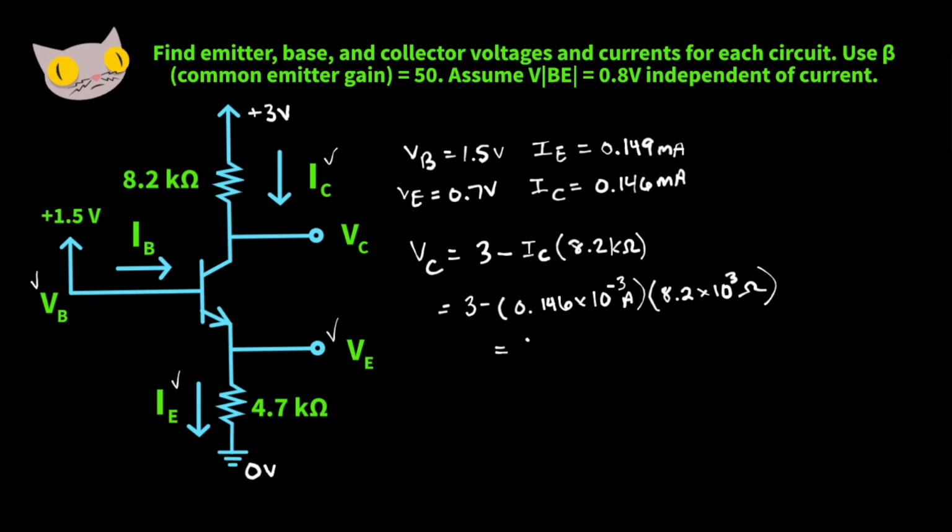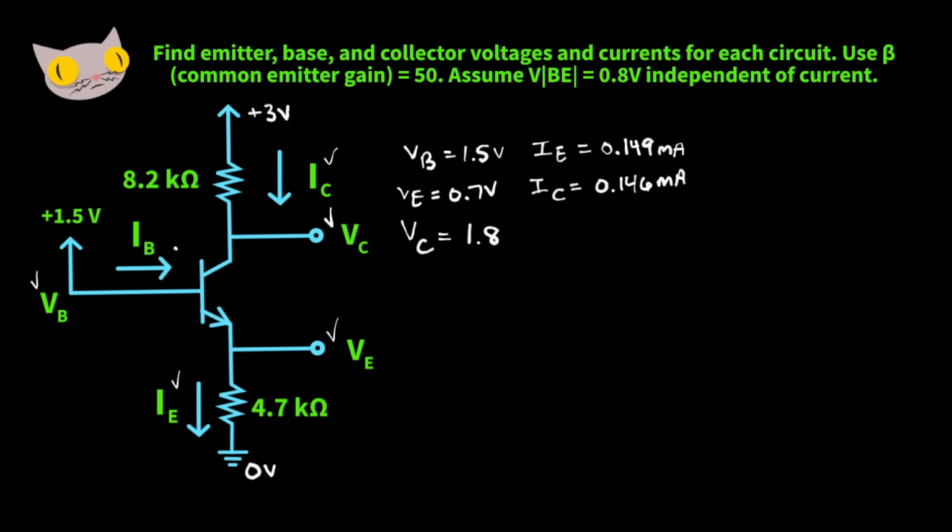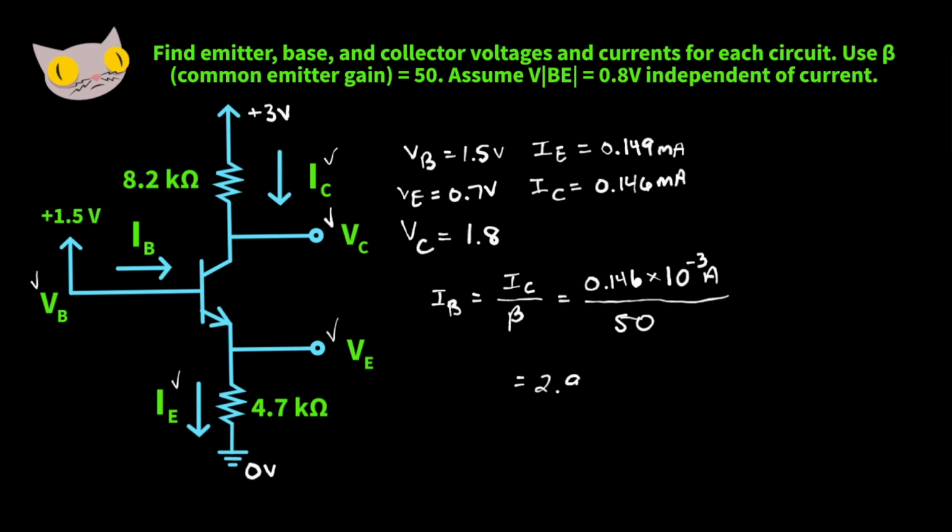That'll give us a value of 1.8 volts. Now let's find the base current. That's going to be the collector current over beta. So 0.146 times 10 to the negative 3 amps over 50. And that's going to give us 2.92 microamps.